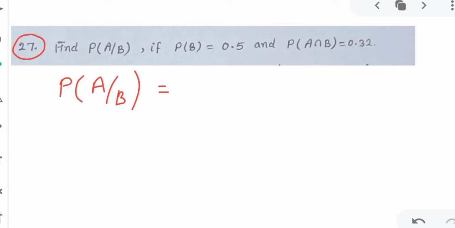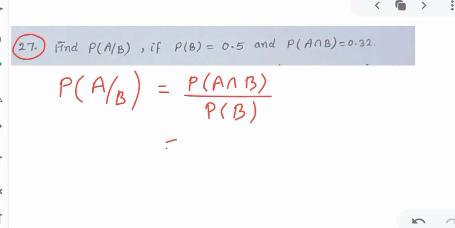Probability of A/B formula is probability of A intersection B divided by probability of B. Values are given, so I will put the values and we'll get our answer. Probability of A intersection B is given as 0.32 divided by probability of B, which is 0.5.